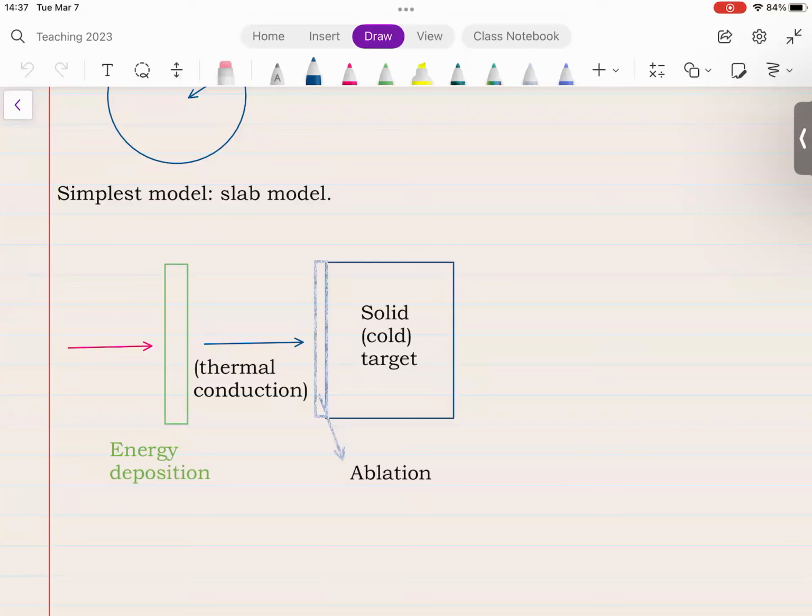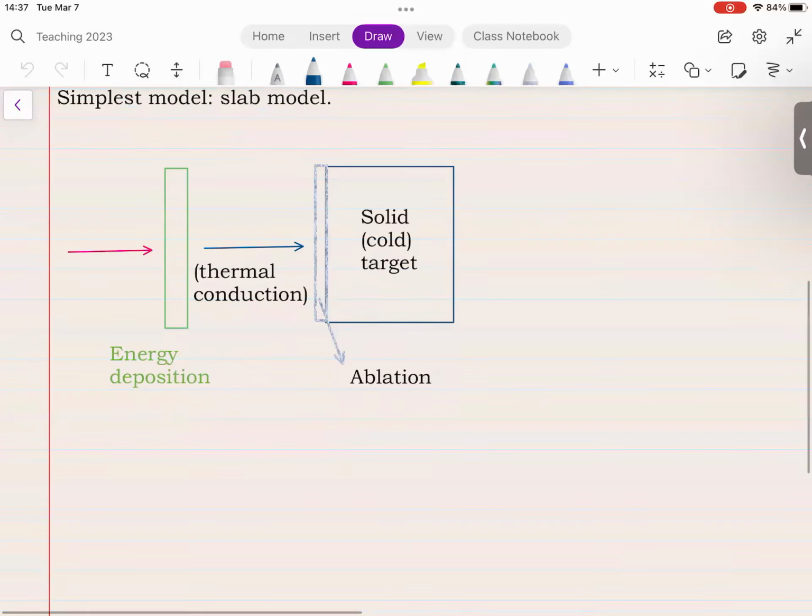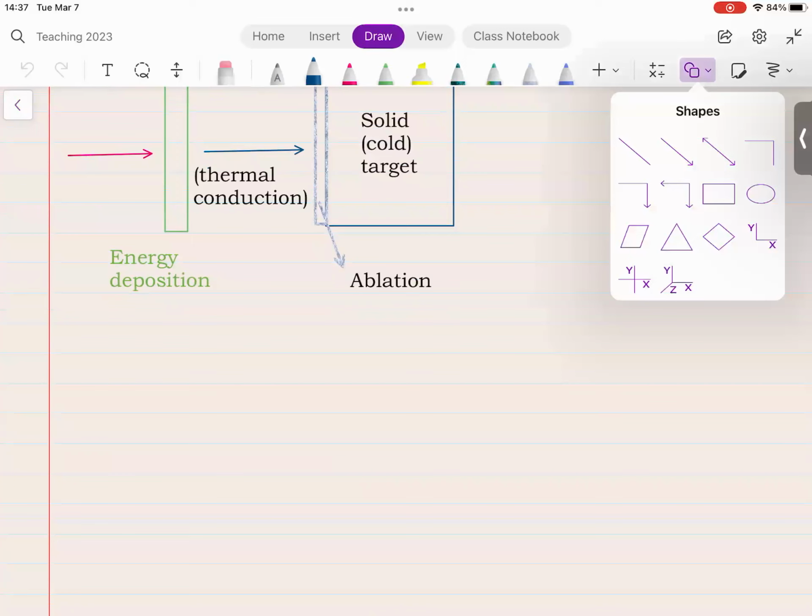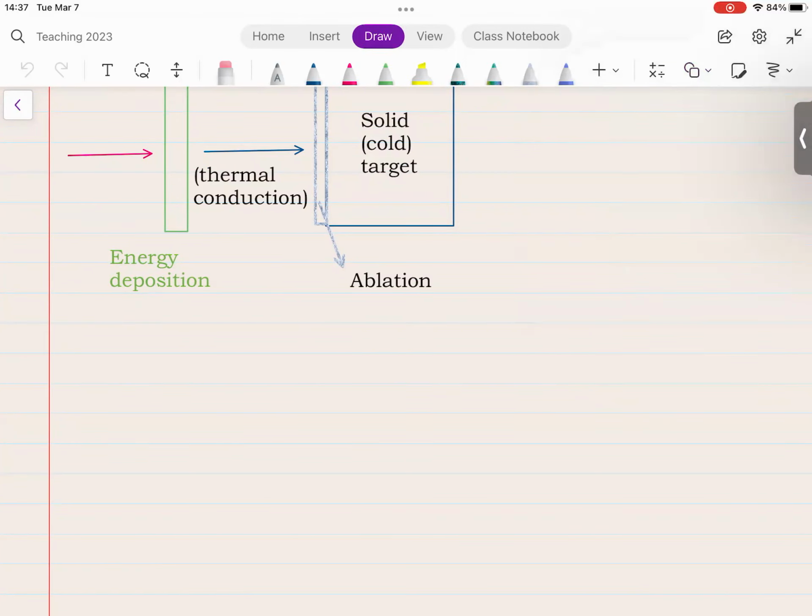That is, I can do a plot in either pressure or density. Let's do it this way: density as a function of, let me call this x. I don't want to call it r, so we don't get confused.